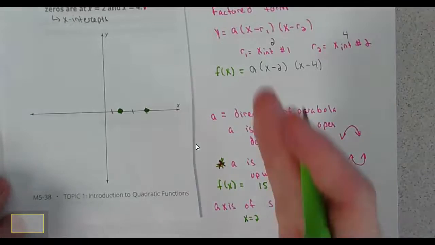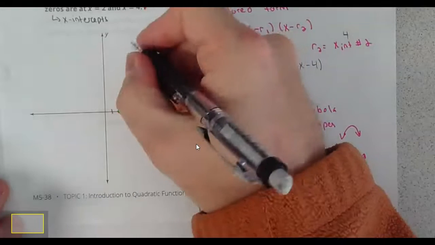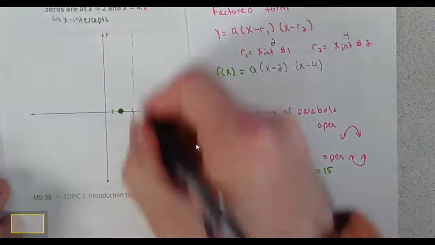So my axis of symmetry is going to be right down the middle of those two. If I add those two values and divide by 2, my axis of symmetry is going to be 3. On my graph, I'm just going to draw my axis of symmetry. That's my axis of symmetry.